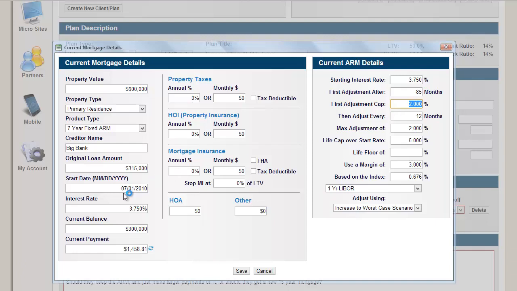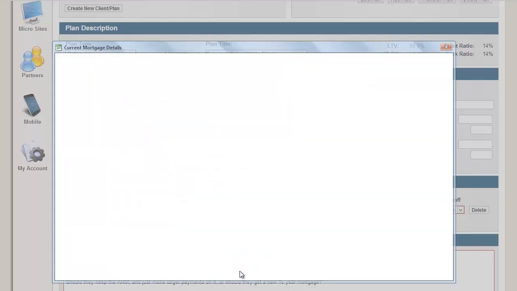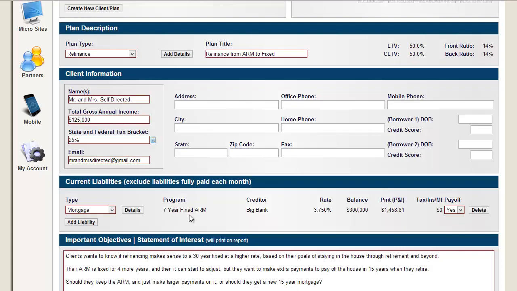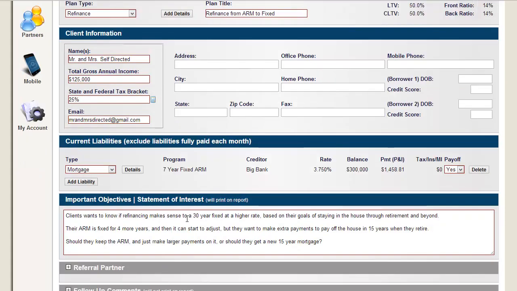Now it's going to calculate how far we are into this based on the start date. It's a 2.25 adjustment, 3% margin over the current index, and we're going to use a worst case scenario. So that's going to do all the math for us to simulate what that 7-year ARM is going to do going forward when we compare it to alternatives.